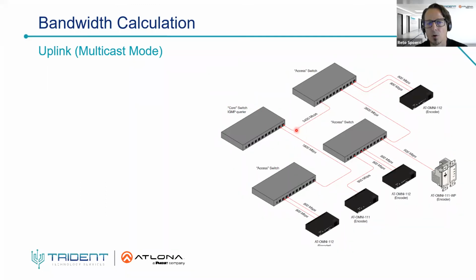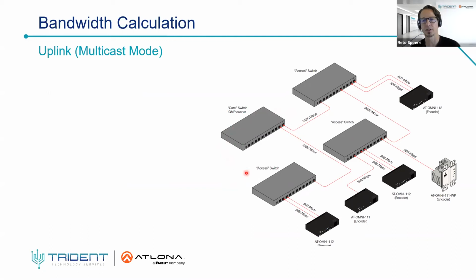So you already know this must be a 10 gigabit fiber or copper link. Then we have two more here at the bottom, 2 times 900 is 1,800. So you already see the dimension of this trunk, but you also notice this switch cannot be a gigabit switch. It must be a 10 gigabit switch.